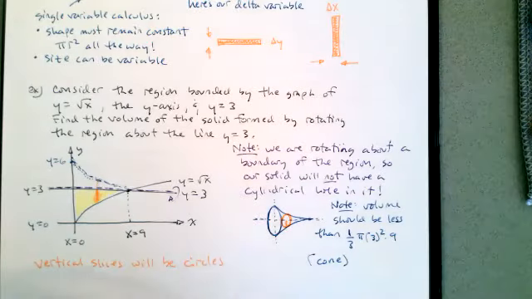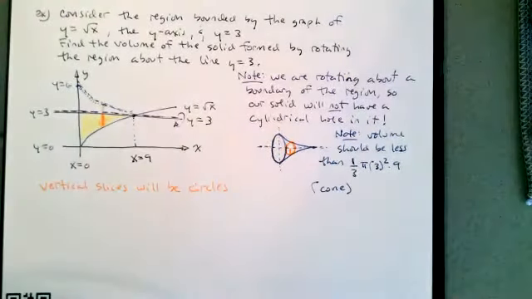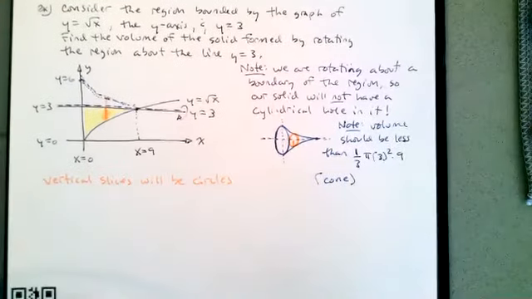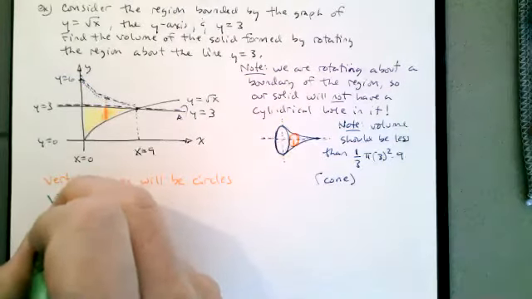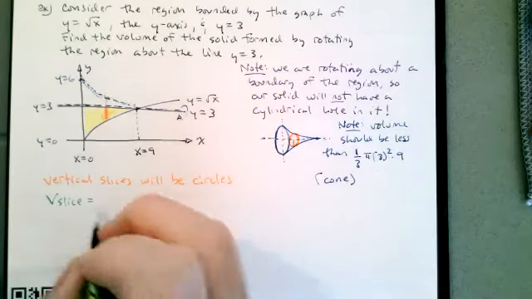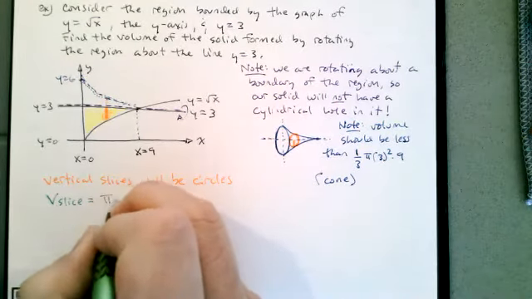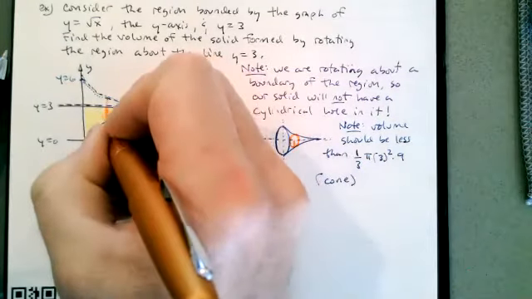So when we go to create the volume of the slice, we'll have the cross-sectional area. Since the vertical slices will be circles, the cross-sectional area will be pi r squared. And my delta variable is going to be delta x.